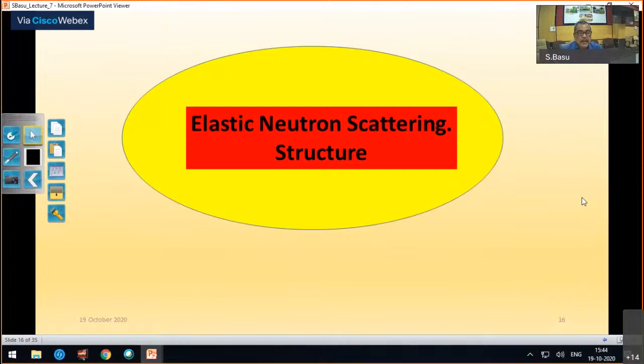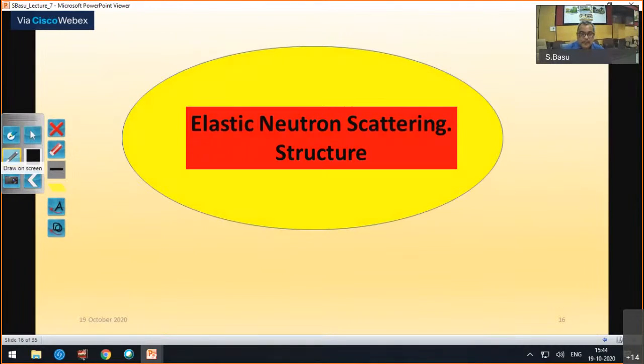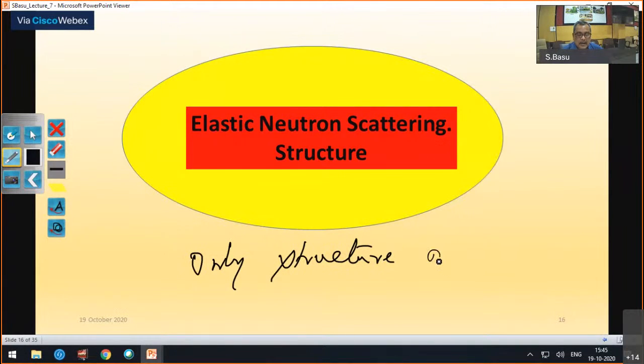One where we do elastic neutron scattering experiments, that means only structure at various length scales.